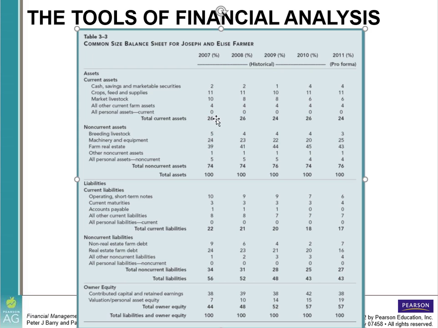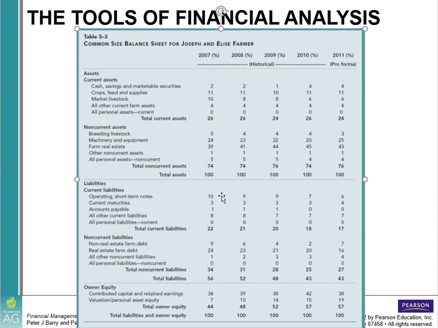When you sum these up, 26 and 74, they all sum up to 100. But you can notice how there are differences. Let's say in total current assets, from 2007 to 2010, in 2009 for instance, it was only 24, and then in 2011 it was only 24, and then you see the differences reflected in non-current.